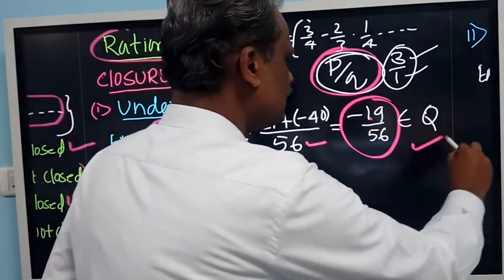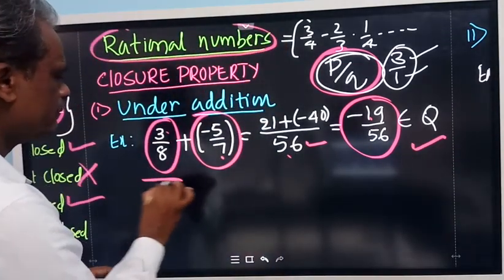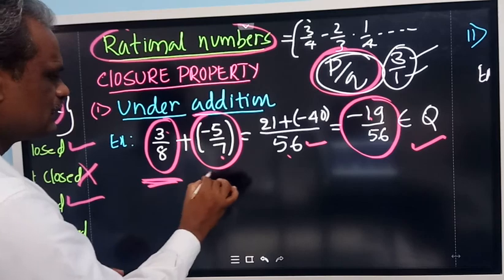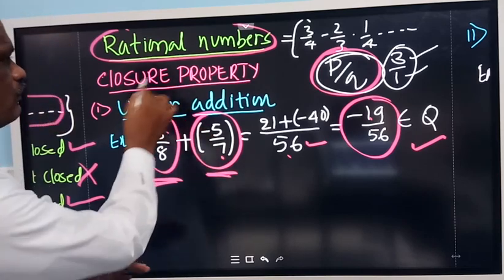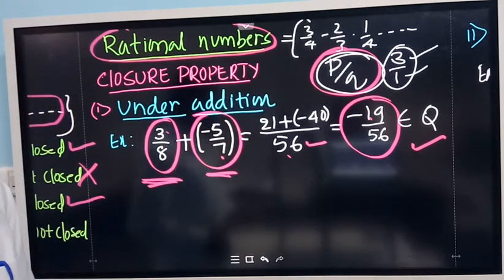So you have selected two rational numbers and added them, because the operation you are performing is addition.